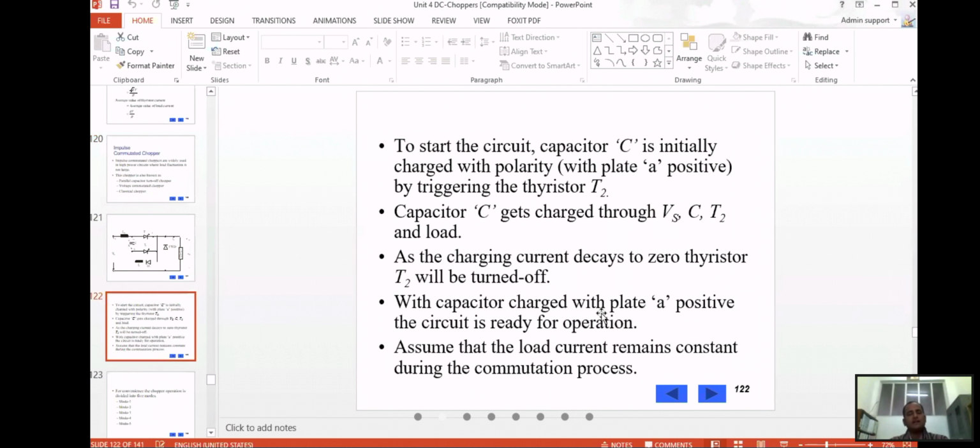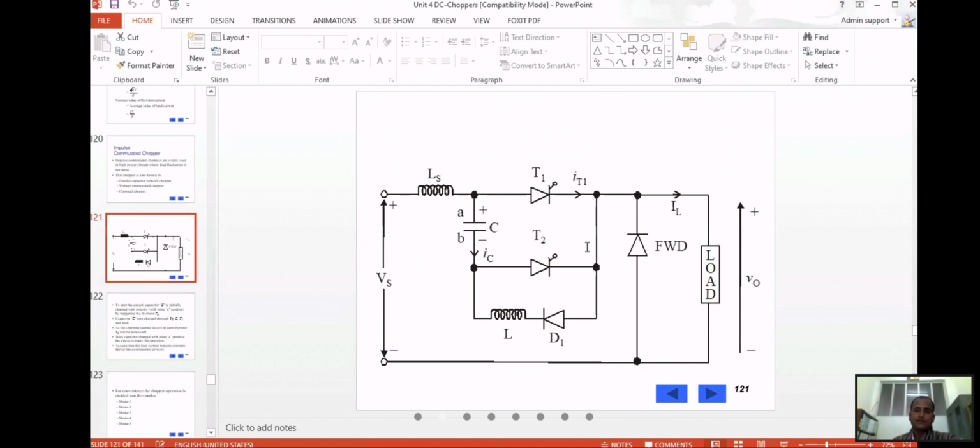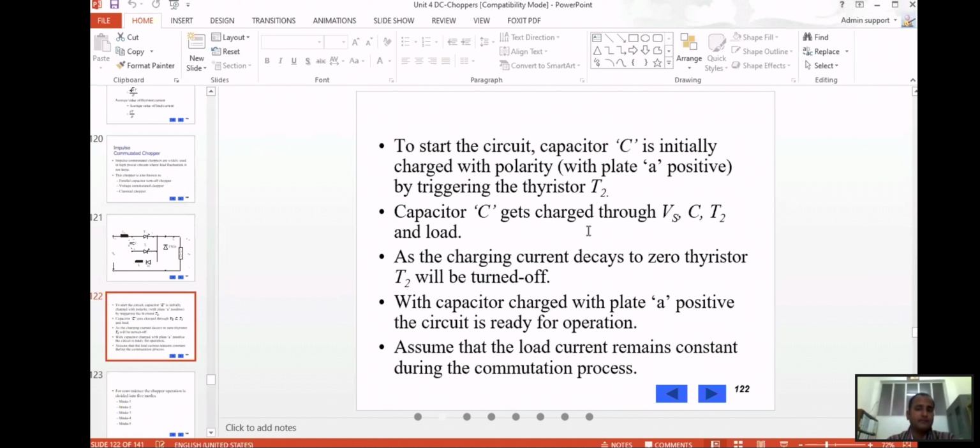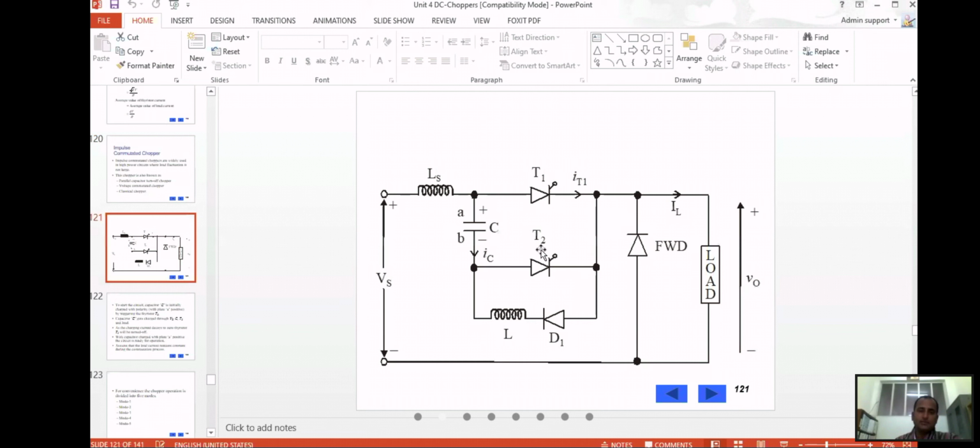Initially, to start with, we have to charge the capacitor, with plate A positive, by triggering thyristor T2. Just by triggering this thyristor, T2 will start conducting.